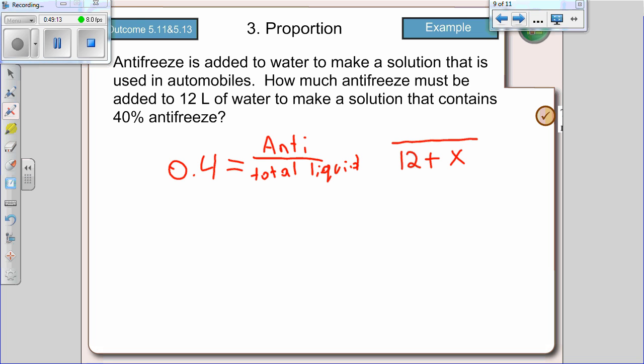You added this much antifreeze, so your total amount of liquid was 12 plus that much antifreeze. Get a common denominator of 12 plus x. Multiply that up there. You're going to have 0.4 times 12 plus x is equal to x.